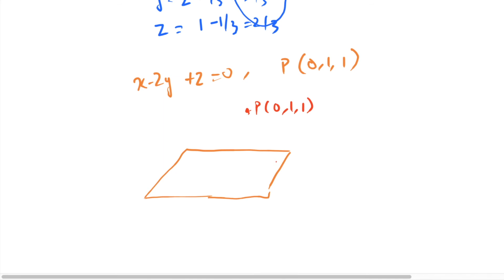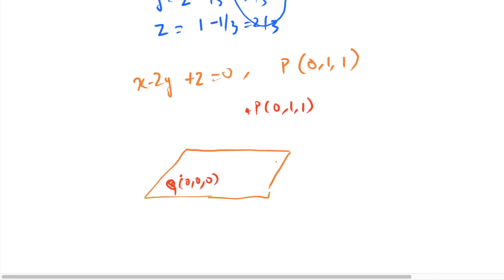Okay, so to do that, let me consider Q to be any point on the plane, right? And it seems that 0 0 0 is definitely on the plane. So let me take point Q, which is 0 0 0, and it lies on the plane.